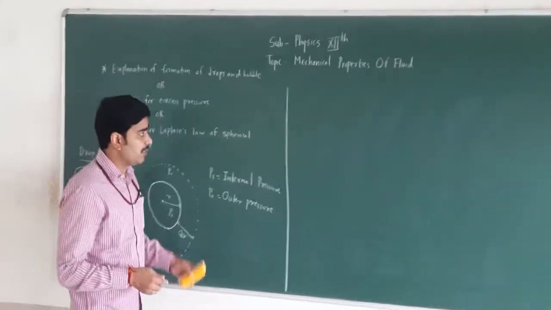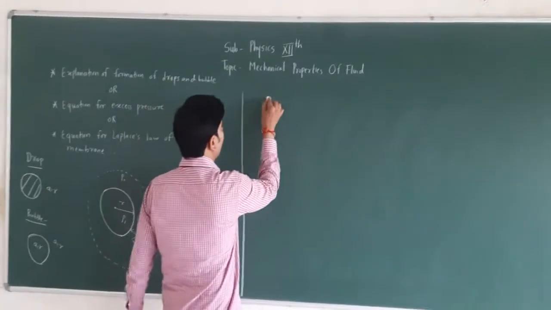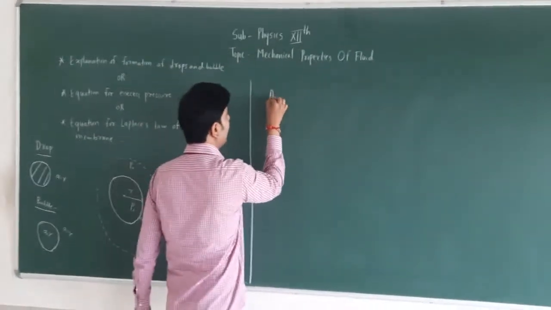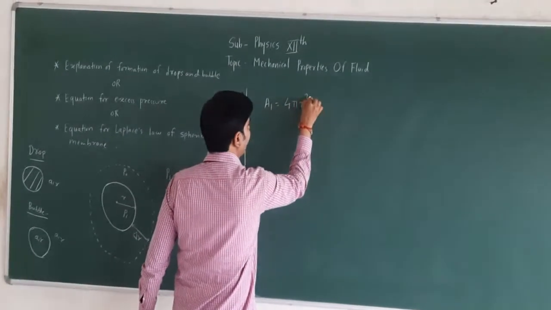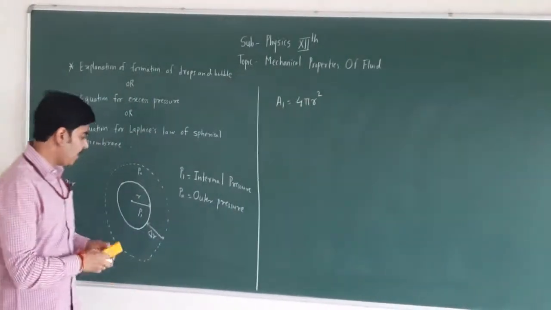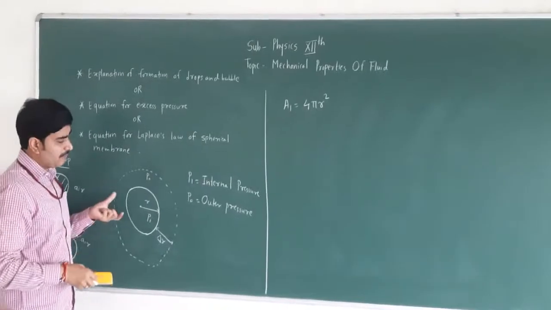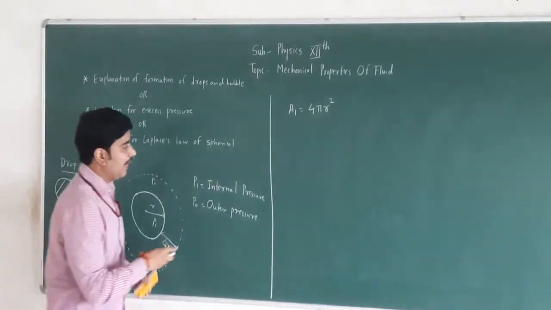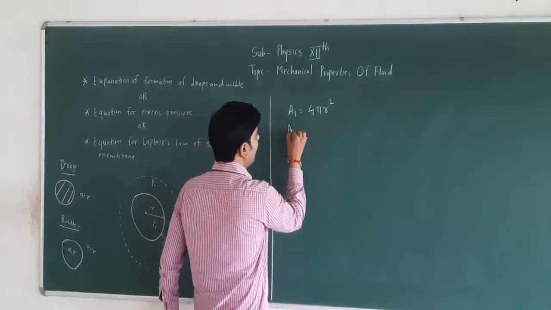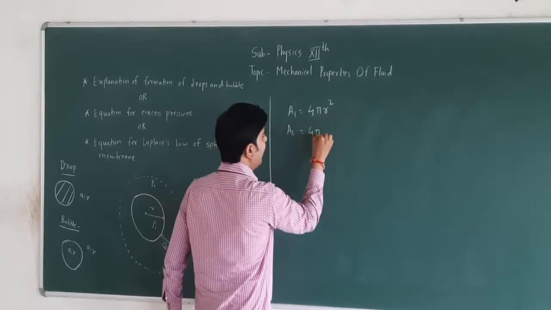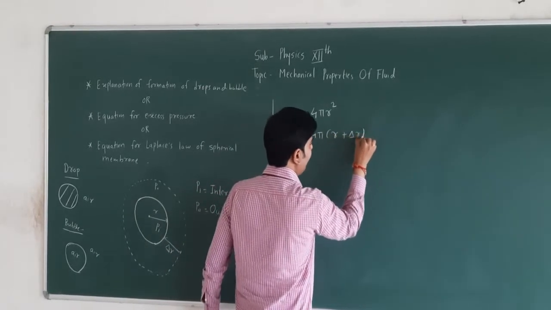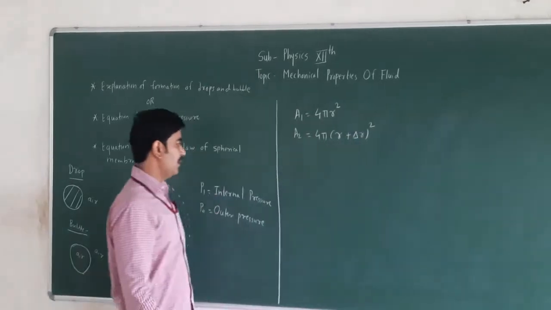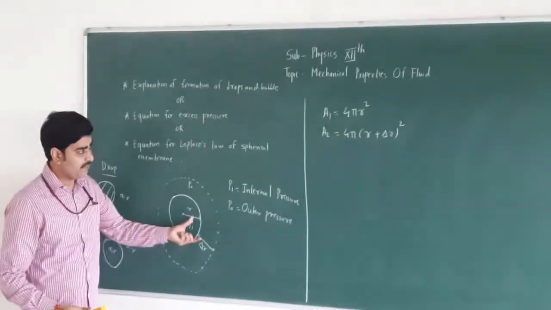So let us consider A1 is equal to 4 pi R square. This is the surface area of the internal part. Now A2 is equal to 4 pi (R plus delta R) square. This is the increased surface area.